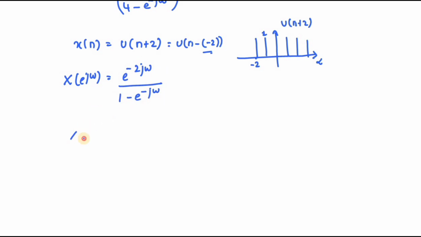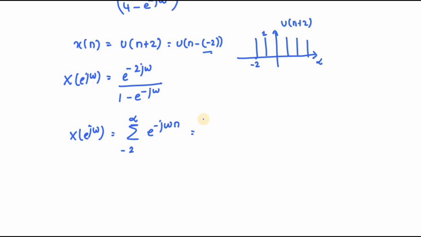X of e power j omega is equal to summation ranging from minus 2 to infinity of u of n e power minus j omega n.